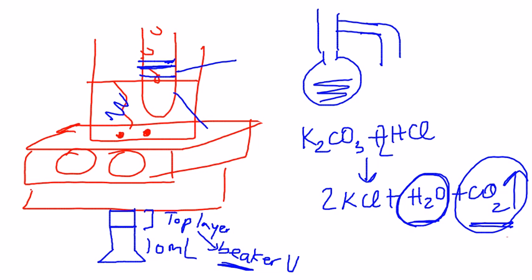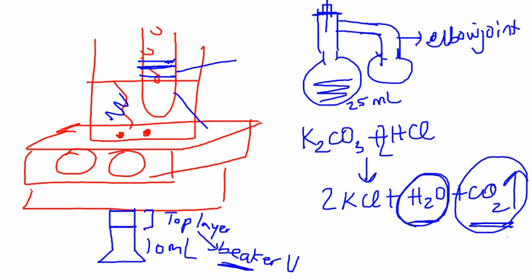So here's your 25 milliliter round bottom flask, which is being connected to a still head, a thermometer adapter, and a thermometer. That's your elbow joint, and it is connected to another round bottom flask.